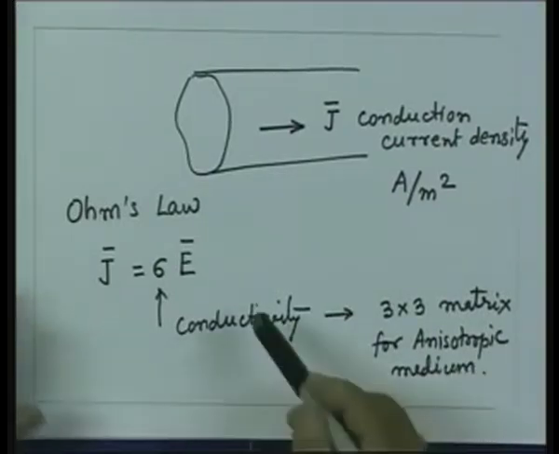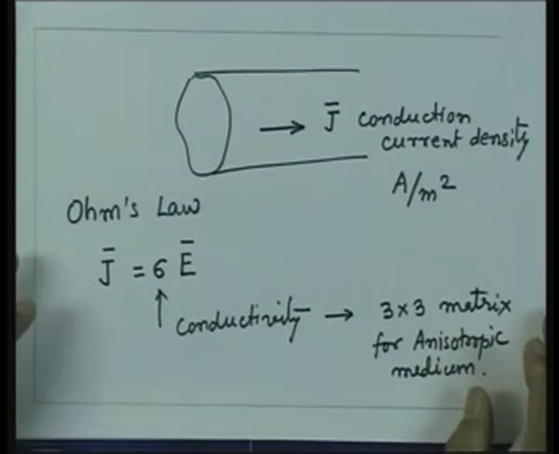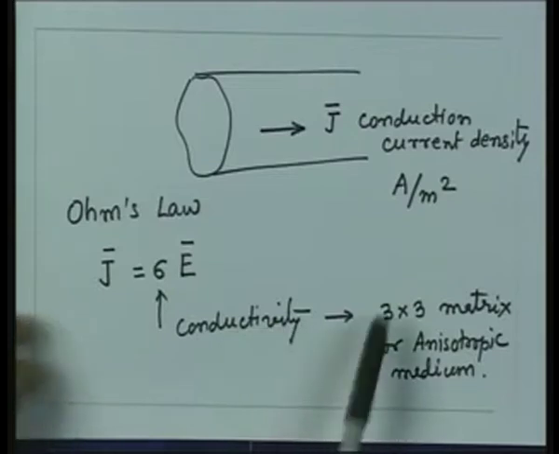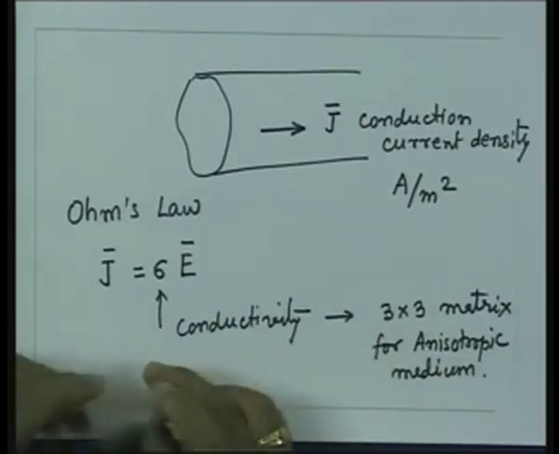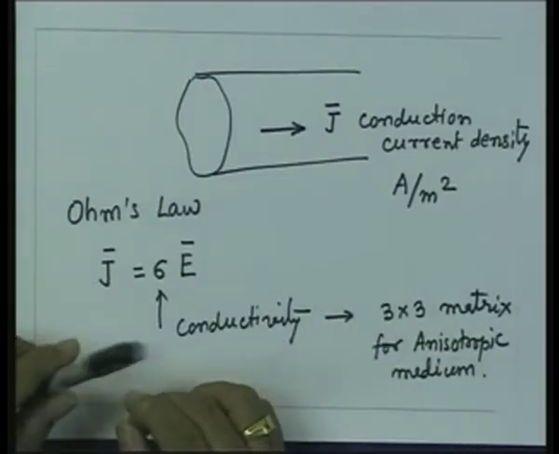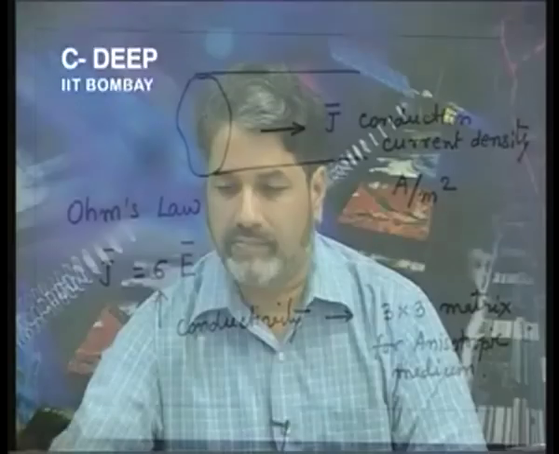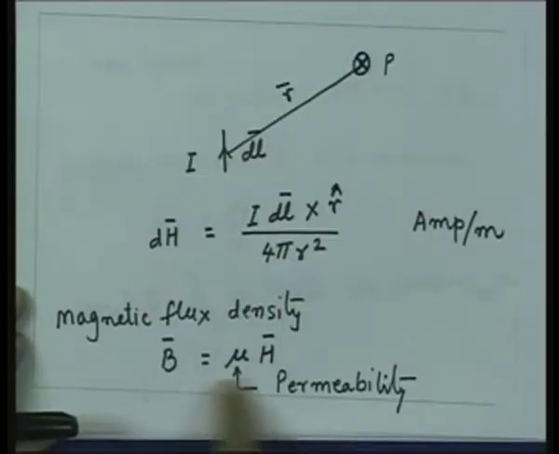And the meaning of this is exactly the same as we saw in the case of the electric field, that if the medium is isotropic, then the direction of the displacement vector and the electric field are the same. Same thing will happen in the case of the magnetic field also, that if the medium is isotropic, then the direction of the magnetic field and the magnetic flux density will be the same.